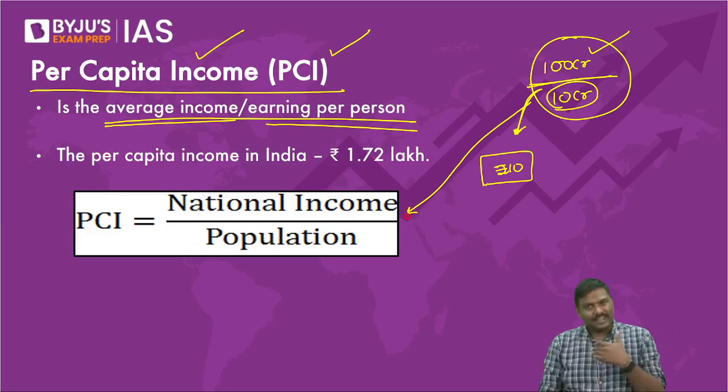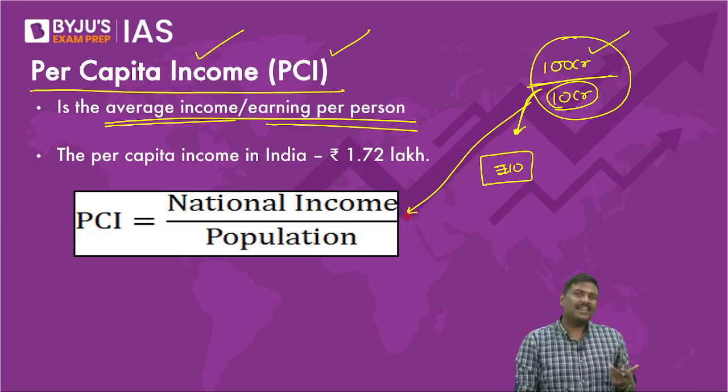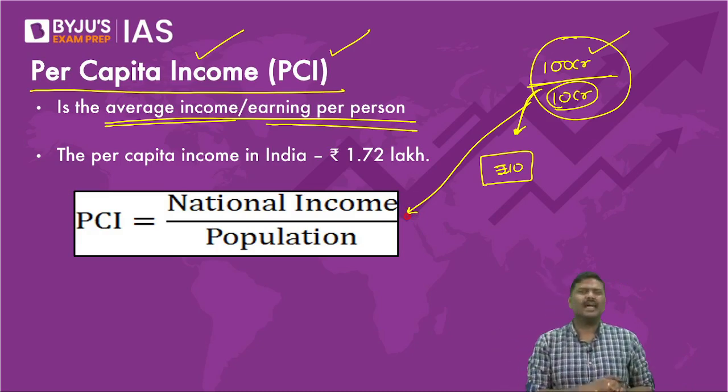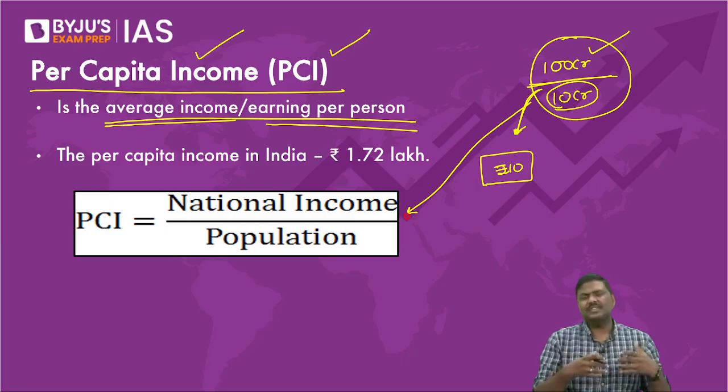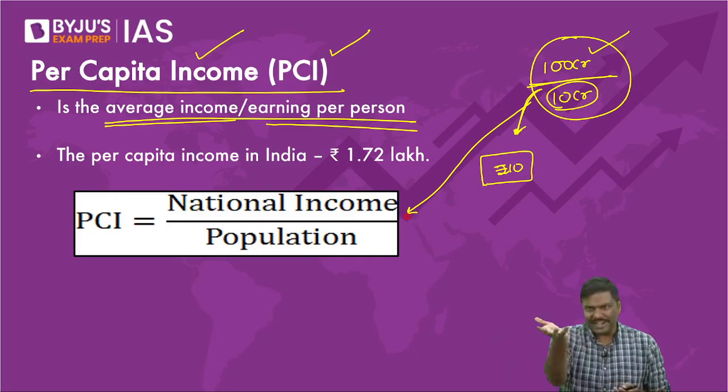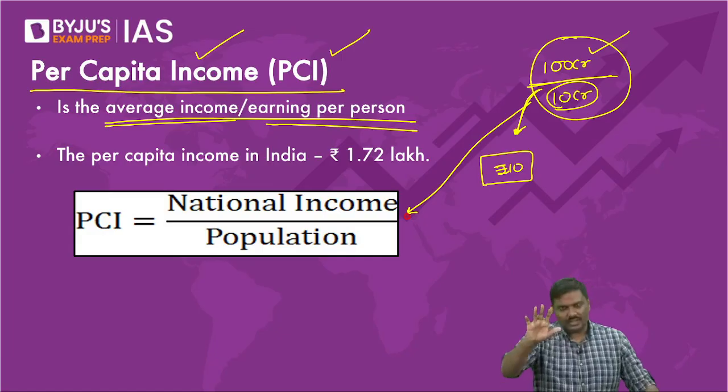Sir, but can I calculate only for national income, that is net national income? Absolutely no. You can use per capita income even in the context of GDP. You can use GDP and calculate per capita. But please follow this carefully.